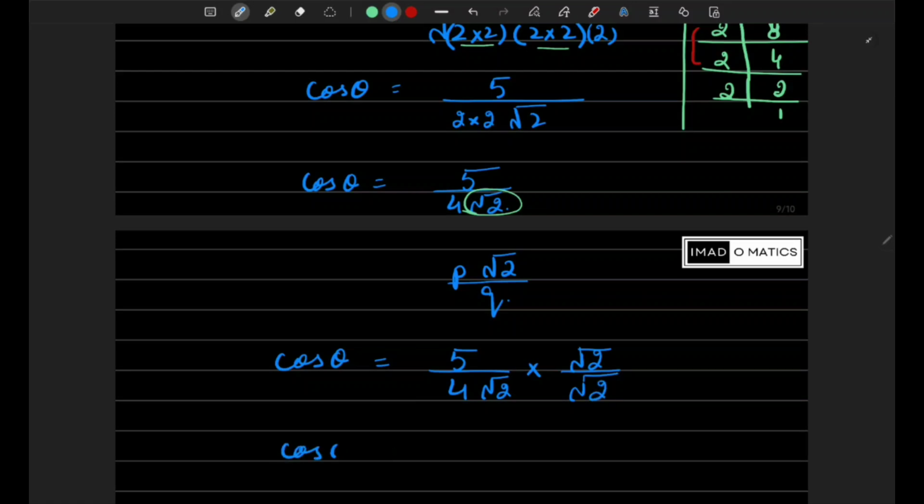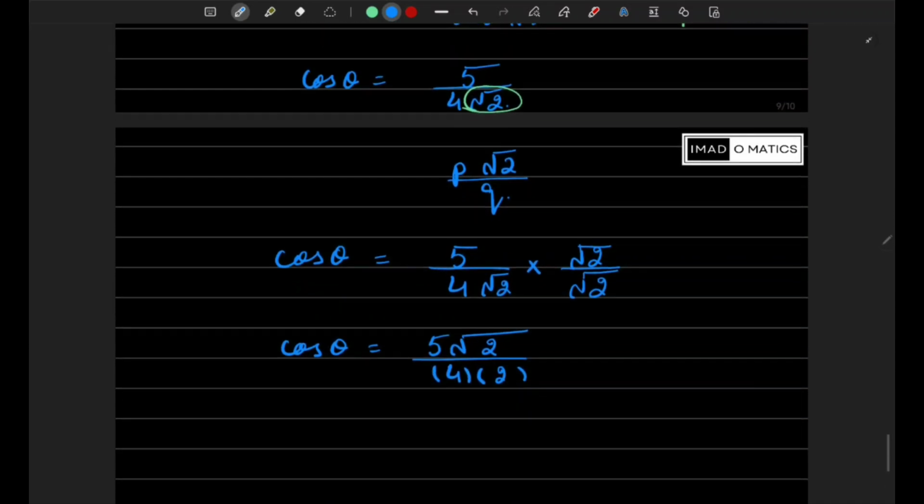So cos theta is equal to 5 under root 2 over 4 into 2. So we have the answer: cos theta is equal to 5 under root 2 over 8.